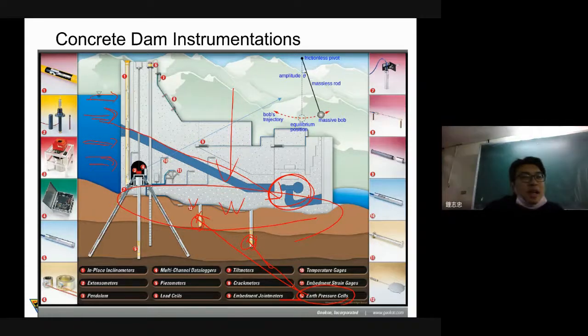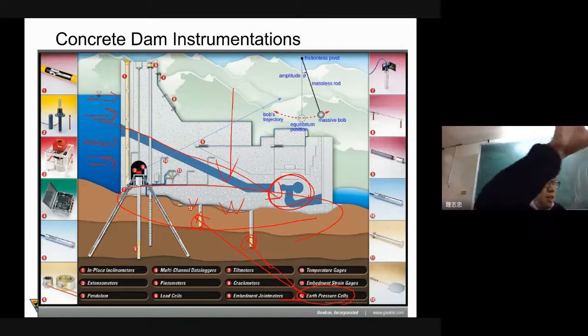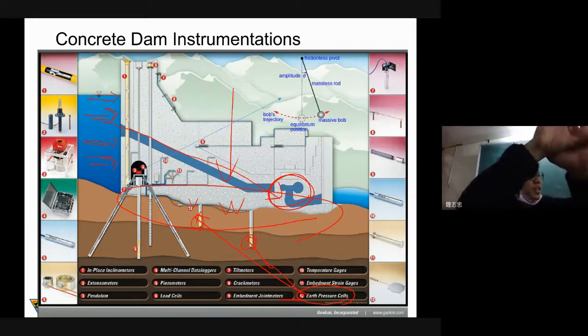Okay, I would like to say, if you have a concrete dam and you have water pressure, I need to make sure that this concrete dam cannot be moved laterally.